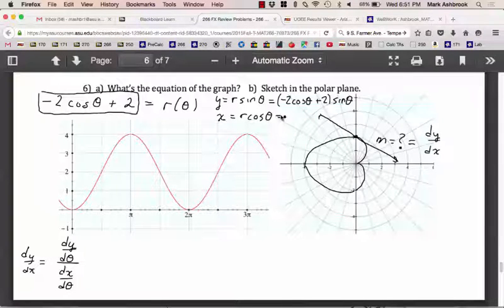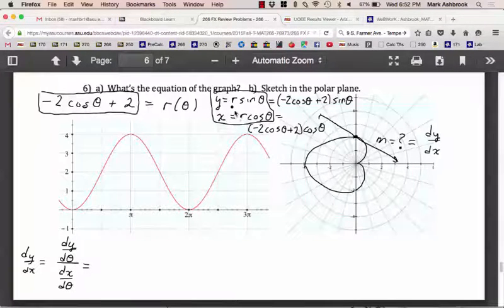And what's our r cosine theta? It's going to be (negative 2 cosine theta plus 2) times cosine theta. So now we're ready to do dy/d theta, but let's do it generically first, using any r function, remembering that r is a function of theta.